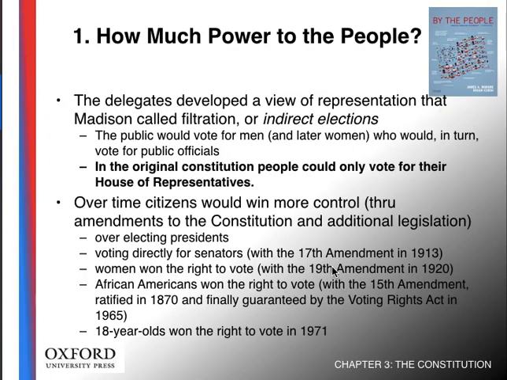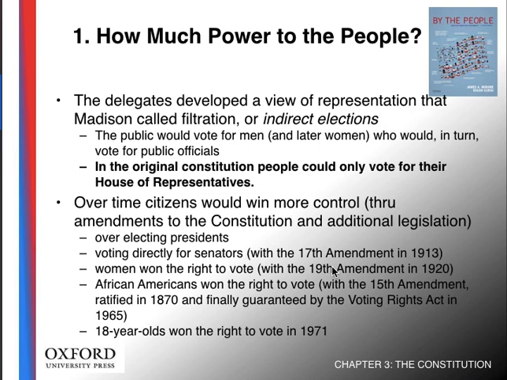The first challenge that they had was trying to figure out how much power they should give the common people. They decided they would do it through elected officials, so they would let people vote for their representatives. But who would they vote for? Would they vote for the House of Representatives and the Senate and the President?